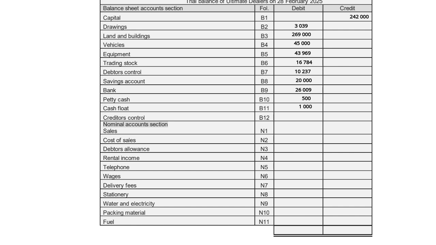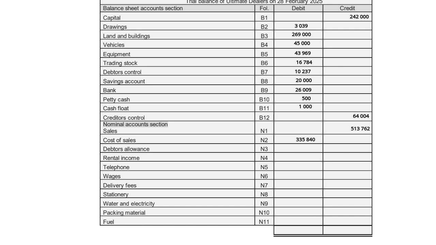Your creditors control will have a credit balance of 64,004. And remember, it must be the same as the total of your creditors list. Then your sales has a credit balance of 513,762. Your cost of sales has a debit total of 335,840.